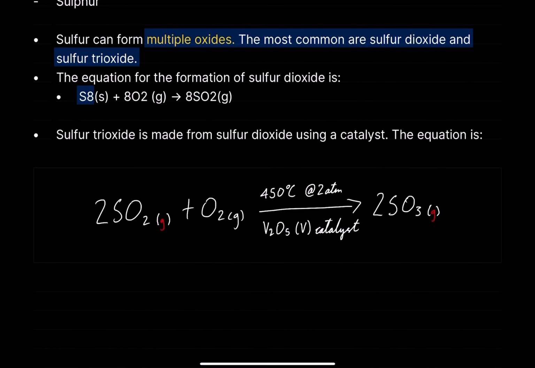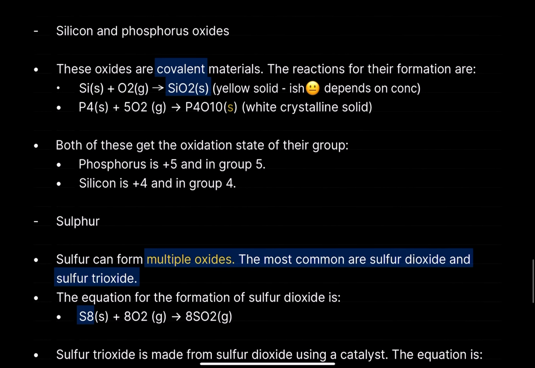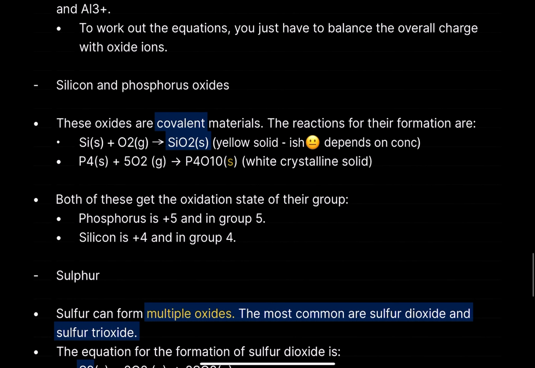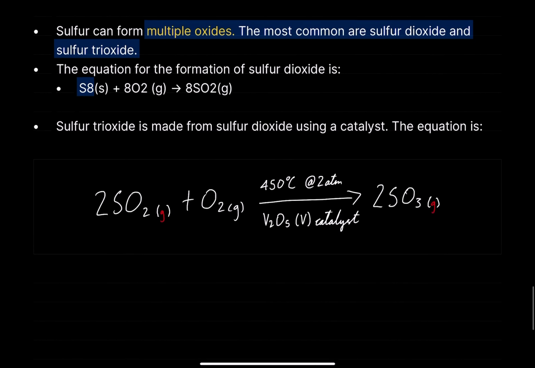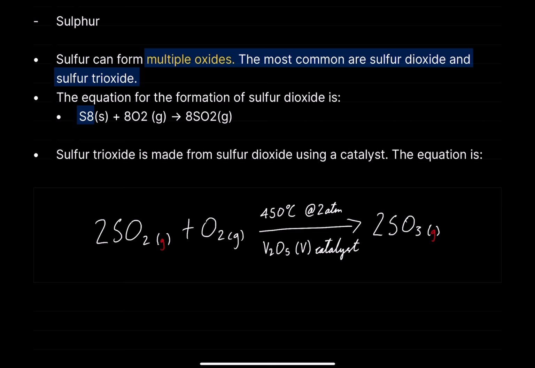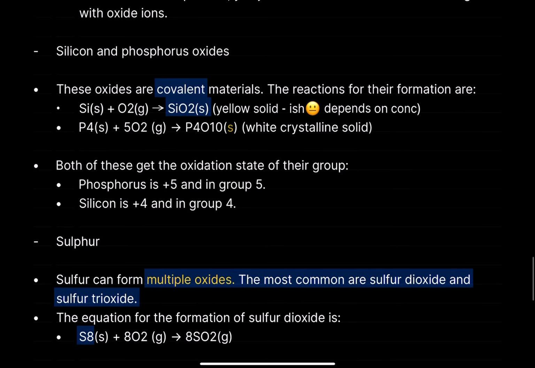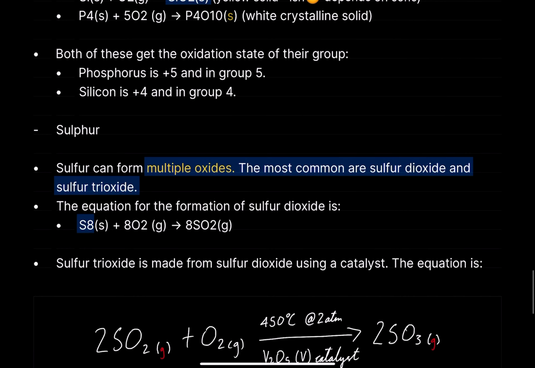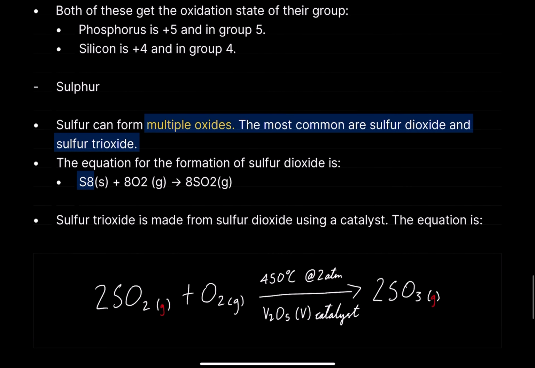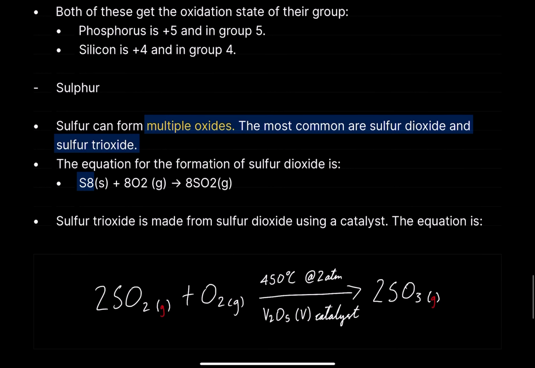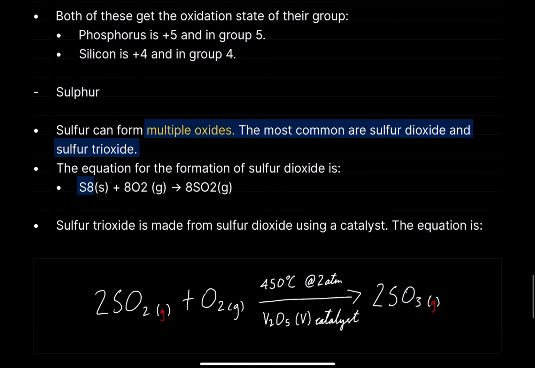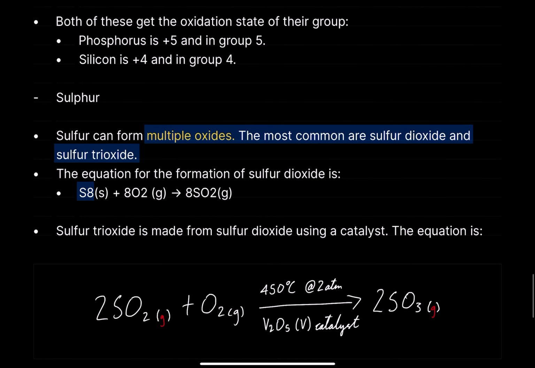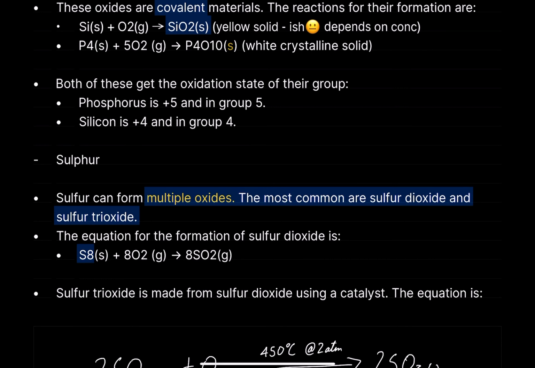Again, emphasis on the fact that I've highlighted the state symbols for SO2, SO3, and P4O10, because P4O10 in certain conditions can be represented as a gas, and it can be represented as a solid. SO3 is more likely to be represented as a solid than SO2, but SO3 can be represented as a solid or as a gas, and it depends on the different types of conditions that you're in.